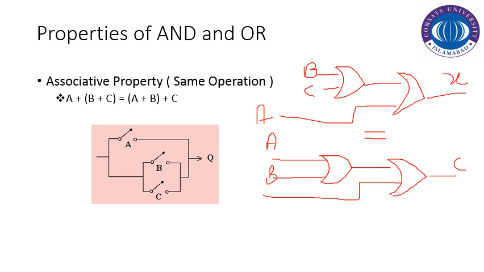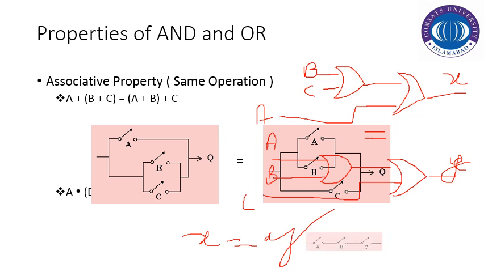You can also prove that by providing A, B and C combinations, the values of A, B and C. This is for example Y. So here in this case X equals Y. Similarly, same property is valid.